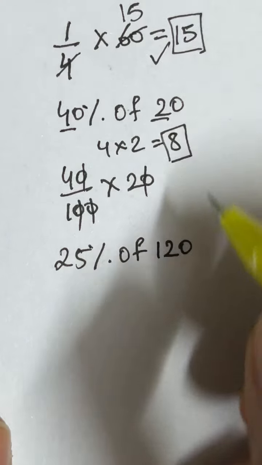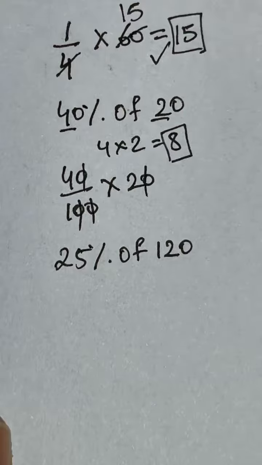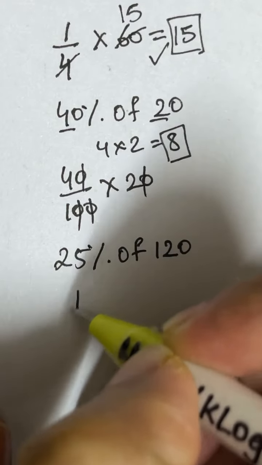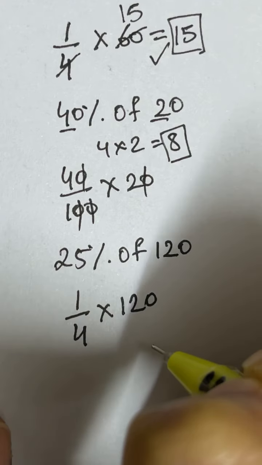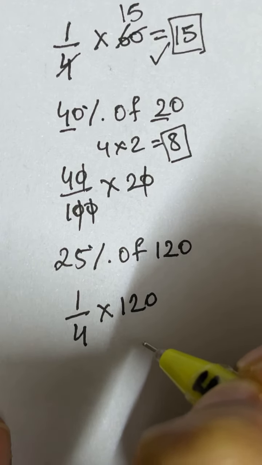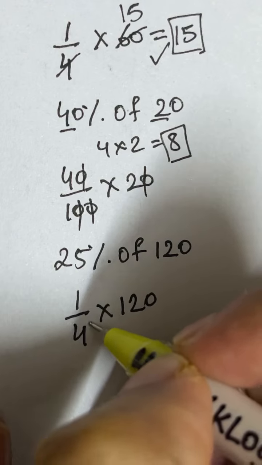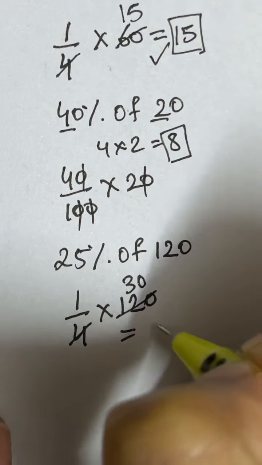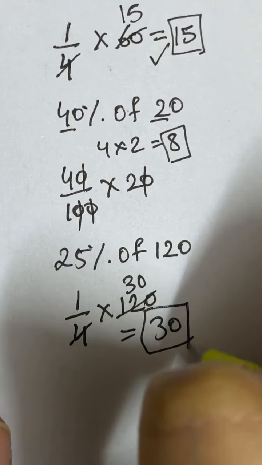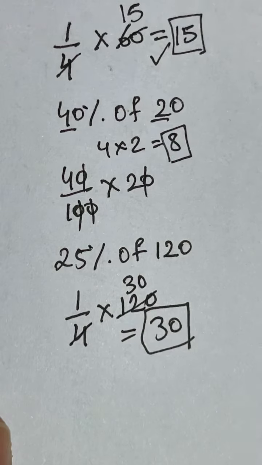So we just know the percentage as a fraction. 25% is 1/4, of is times, and 120. So how many times does 4 go into 120? 4 ones, 4 threes is 12, 4 zeros 0. So that means your answer is 30. So 25% of 120 is 30.